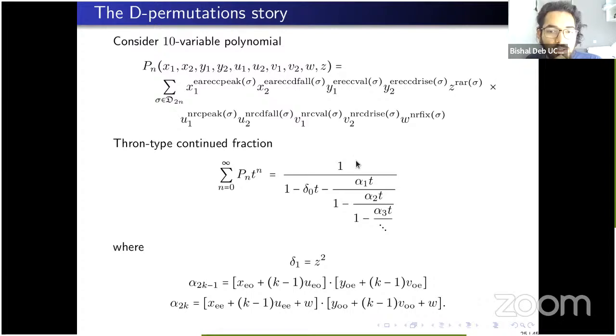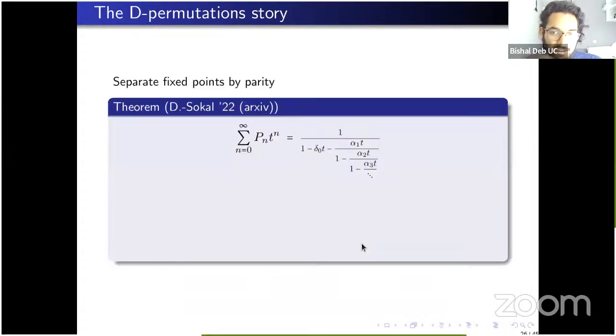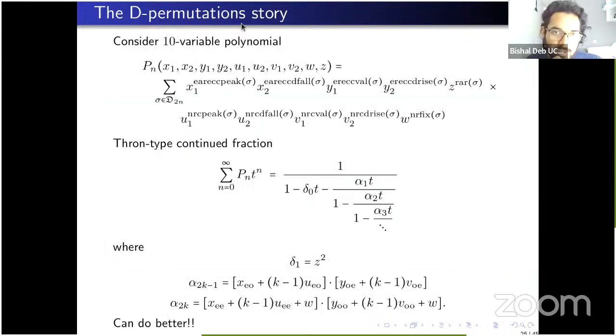So now, can we do better? We can actually do slightly better, because we did not take into consideration the parity of fixed points. If we do that and separate fixed points by parity, that is to say, in this 10 variable polynomial, make it into a 12 variable polynomial, except you have two different variables for even and odd fixed points, two more variables.